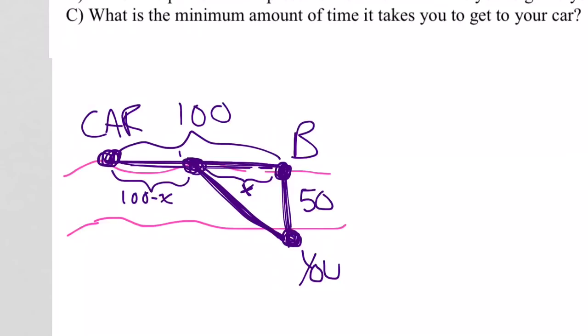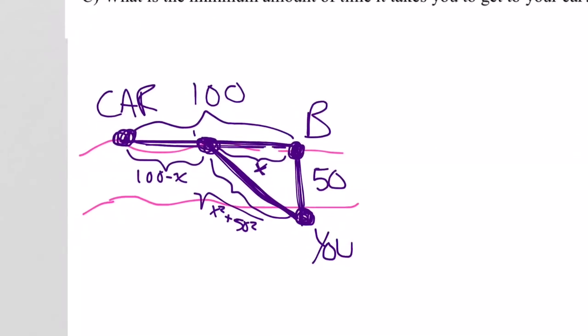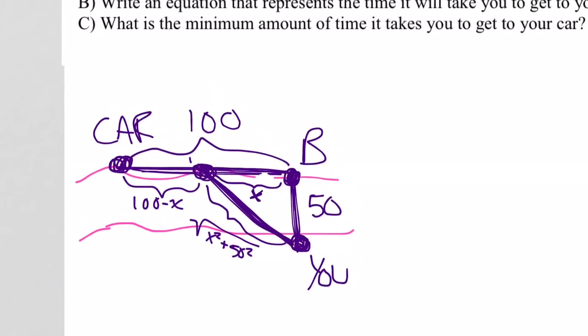Okay, well, what else do we know? Well, we can figure out this distance with a little Pythagorean theorem. You should end up with the square root of x squared plus 50 squared. And so we have a couple pieces. We have this 100 minus x, which represents your distance on land.